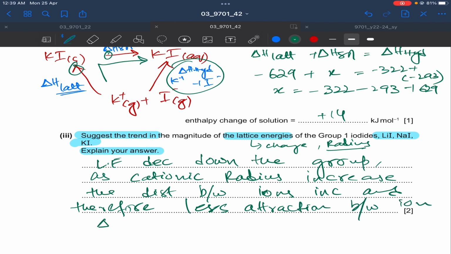So the delta H lattice enthalpy gets less negative or less exothermic down the group, right? So this would be the explanation for the trend of lattice enthalpies down the group for group 1 iodides.